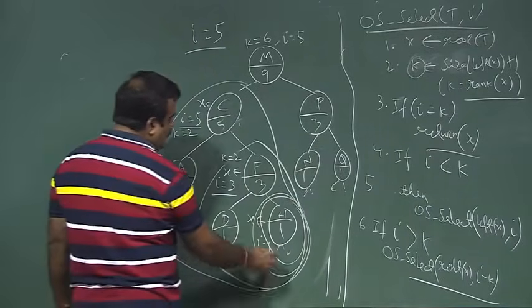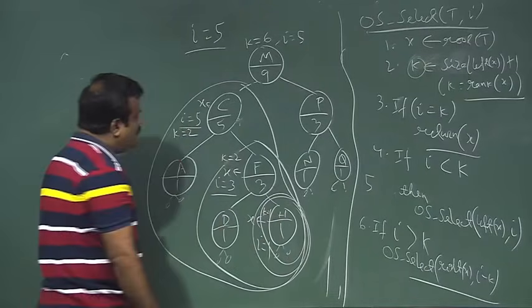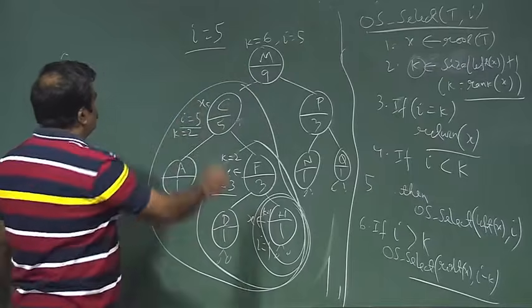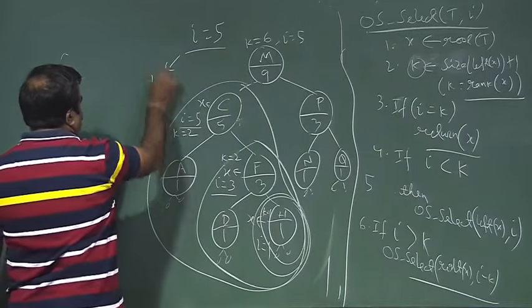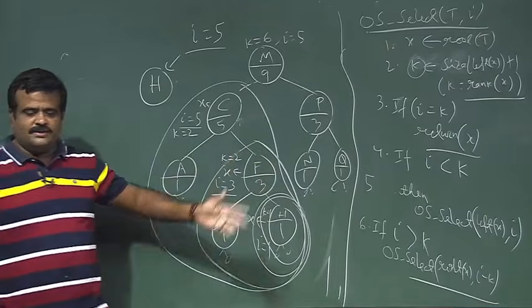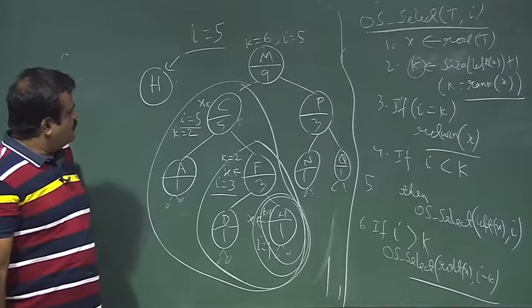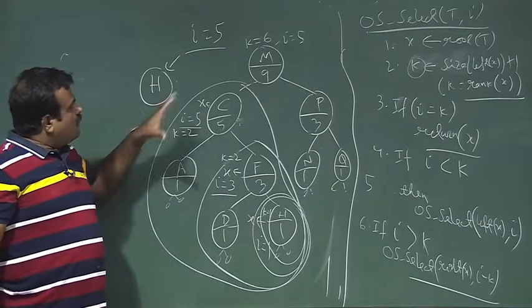So, what is k? k is basically 1. So, the fifth smallest element is h, and this code will return h. Okay, so this is the OS-Select.